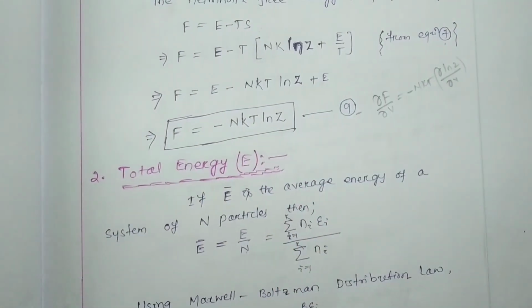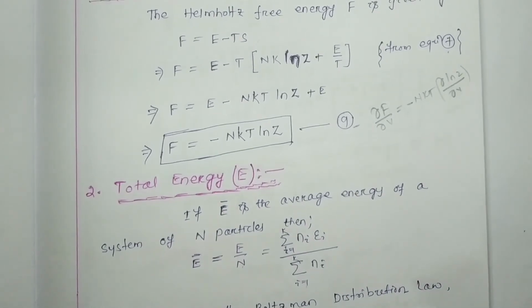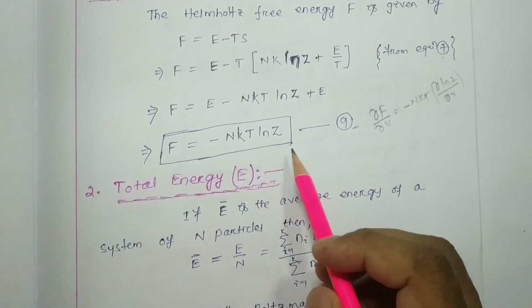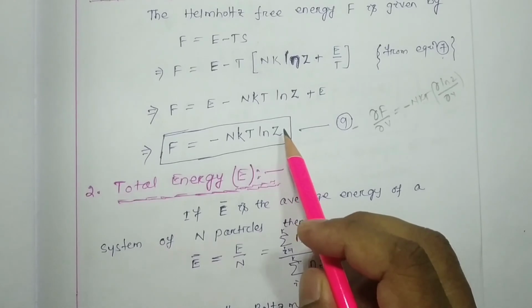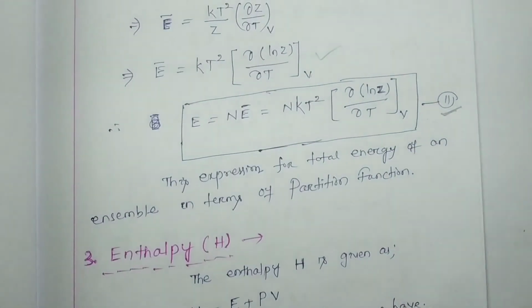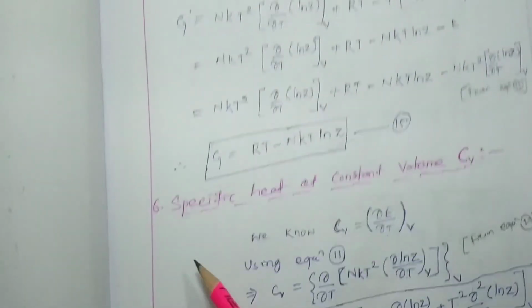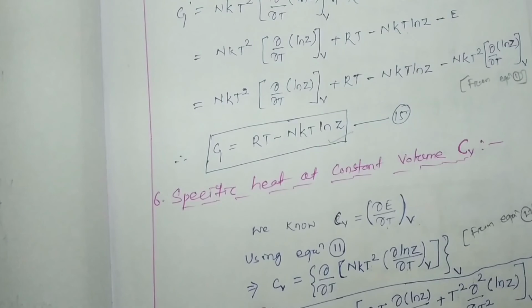These are the so-called thermodynamical quantities or thermodynamical functions which are expressed in terms of the partition function. So 1, 2, 3, 4, 5, 6: six expressions you have to remember for your future exams.